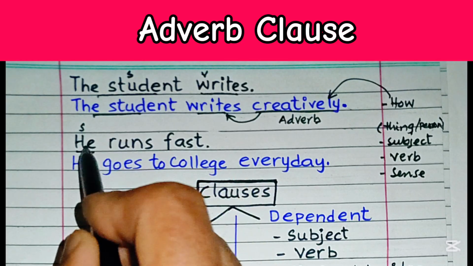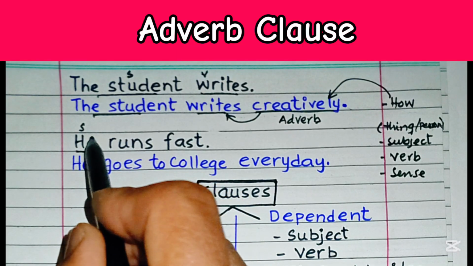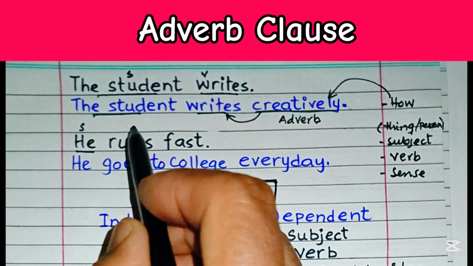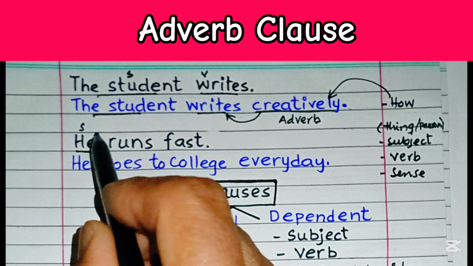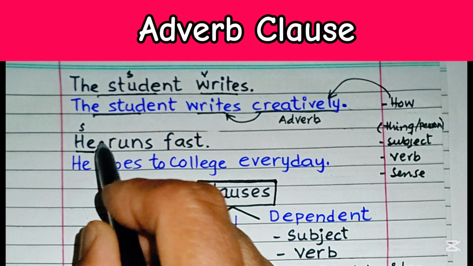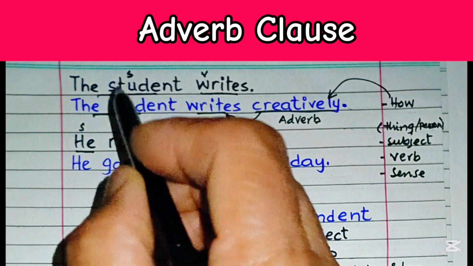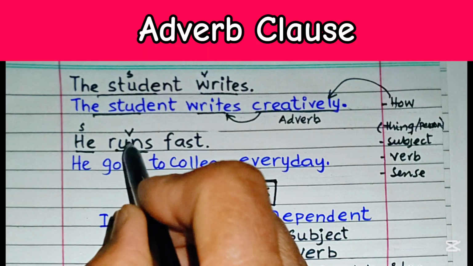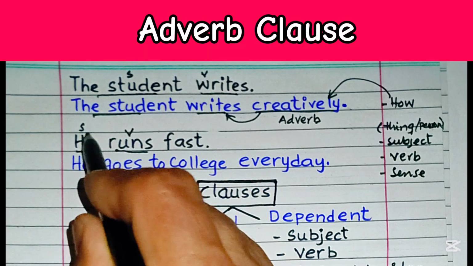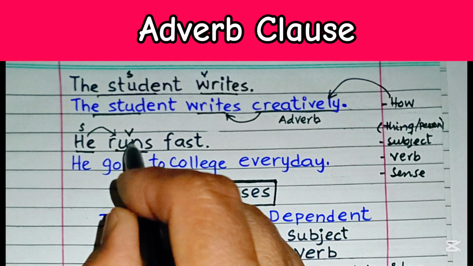So in this sentence, he runs fast, this is the subject, because over here the word he, the performer, is the one doing the action. That is why this is the subject. Runs is actually the verb. This is the action that he performs. So the verb in the form of action is there.